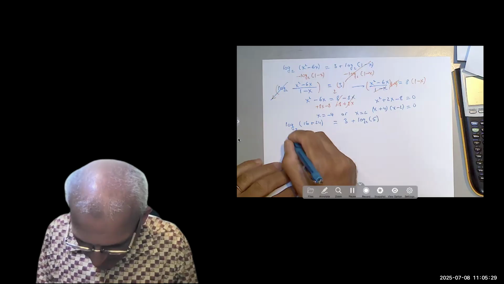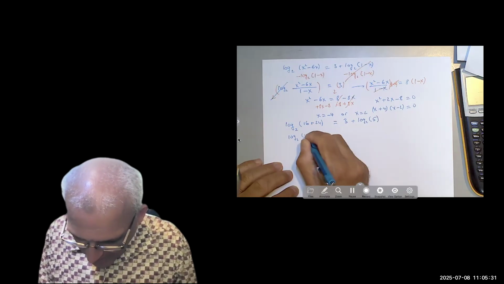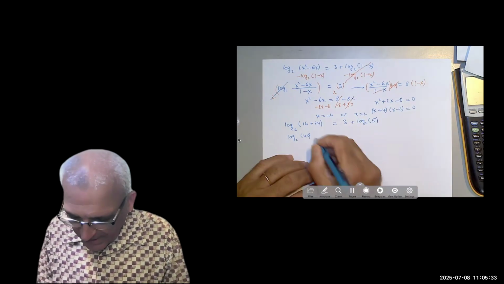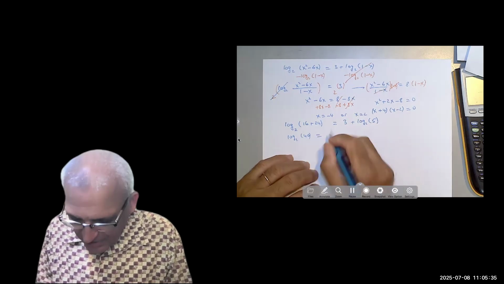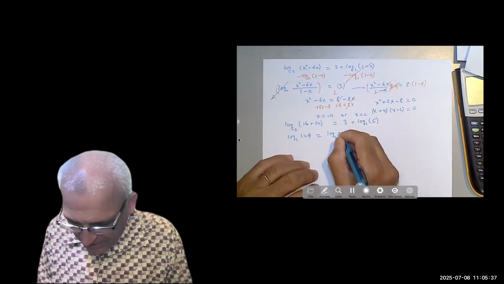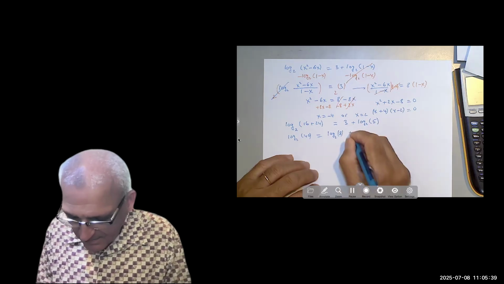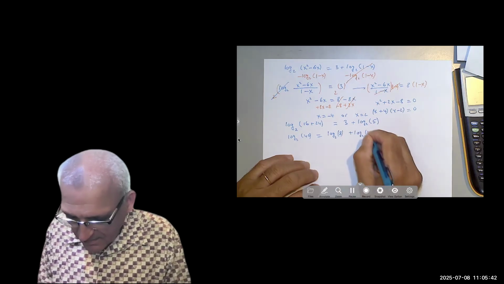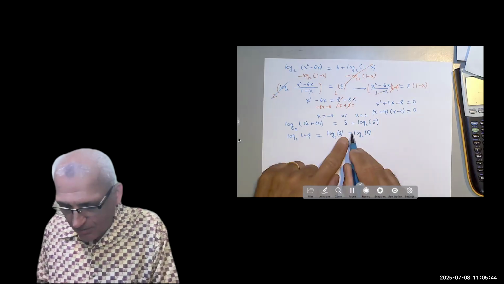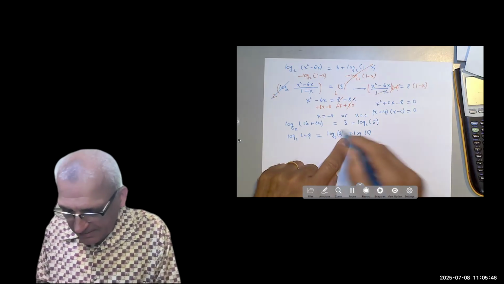Notice that the left-hand side is log to the base 2 of 40. You can use a calculator to check that. 3 is log to the base 2 of 8, right? And I can combine the addition by multiplying these two.